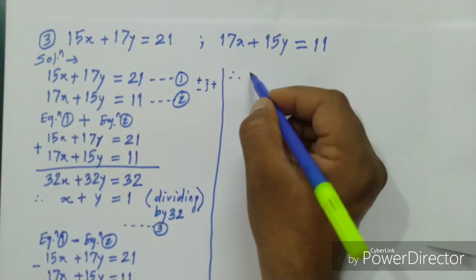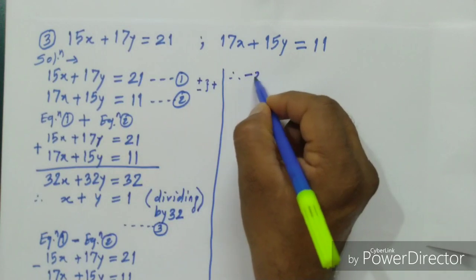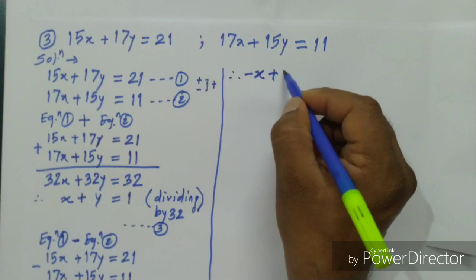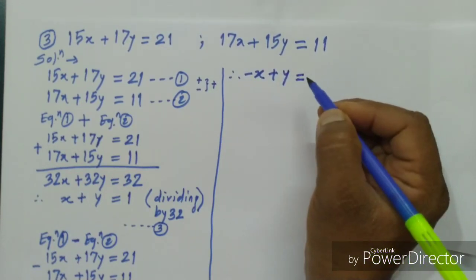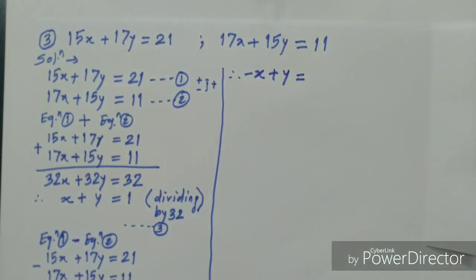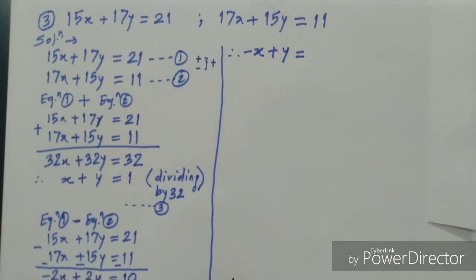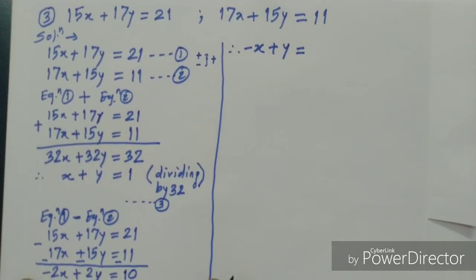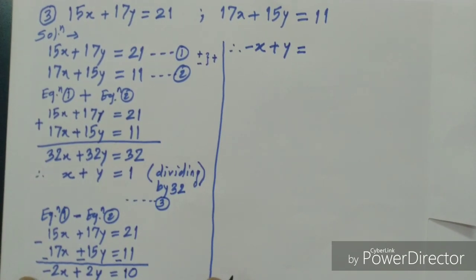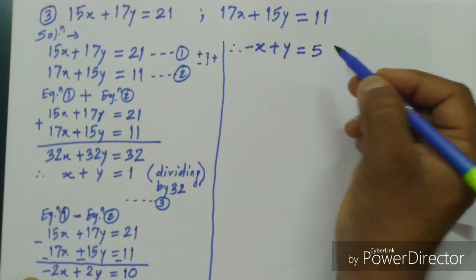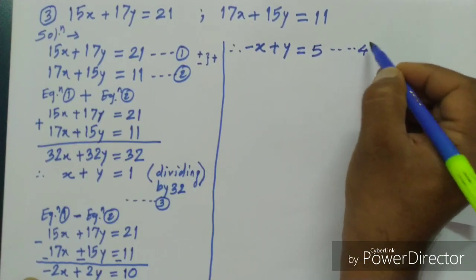Dividing each term by 2, 2 cancels, minus x remaining, plus y remaining, is equal to 10 divided by 2, which is 5. That is equation 4.